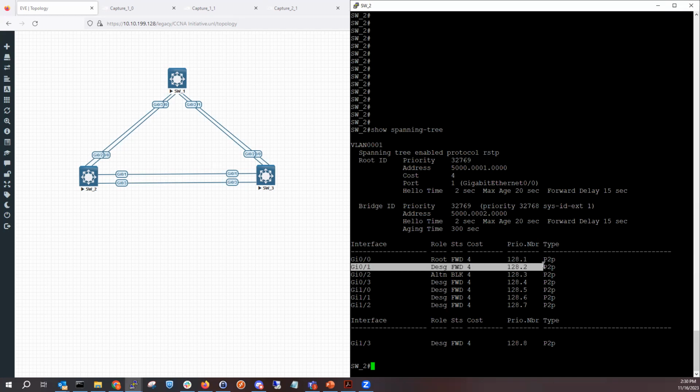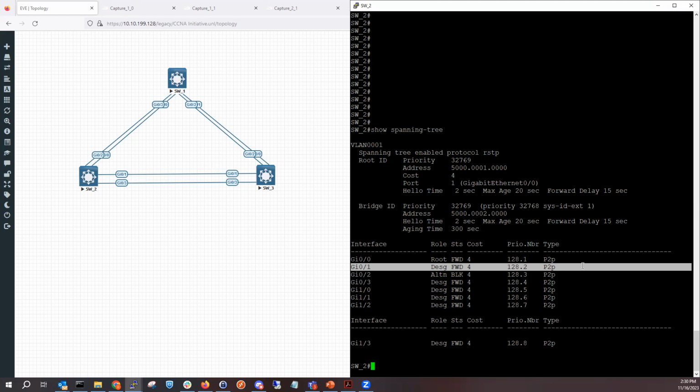That's in a forwarding state, and we'll come back to that. Then we have gigabit 0/2. That is the alternate. That is our new alternate. Gigabit 0/2 didn't have an alternate before. Now it does, and this is just our backup for the root port, so backup for gigabit 0/0.